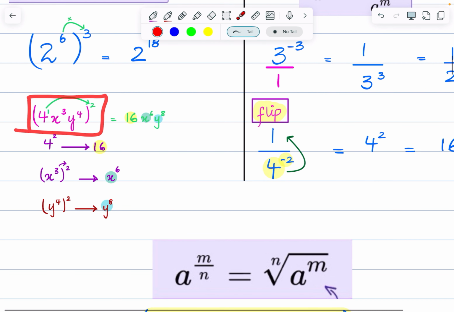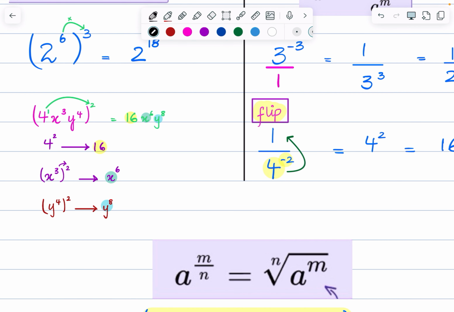I'll do one with you to get you a hang of it as well. You can try to do a question like this. Here you go, I'll give you one. What if I give you 3x square y 5 whole powered 2.